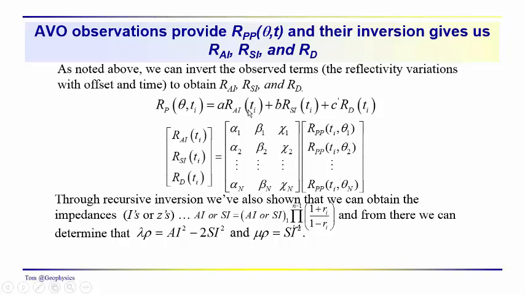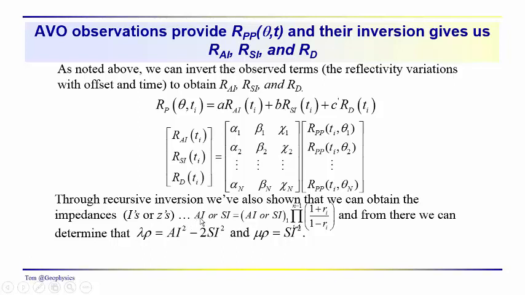These observations are knowns, and our problem is to determine what these R sub AI of t sub I are, R sub SI, R sub D, for each time. Once we figure out what the reflection coefficients are, what the reflectivity is, we should be able to determine what the impedances are.